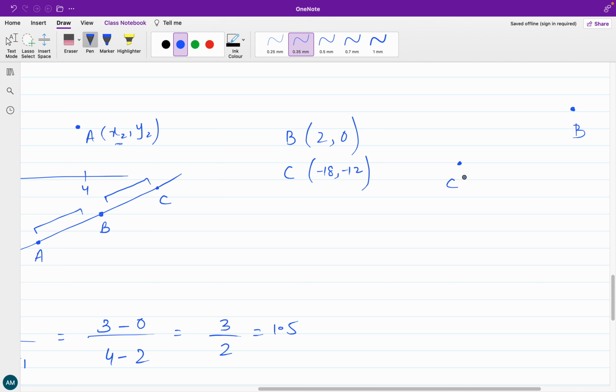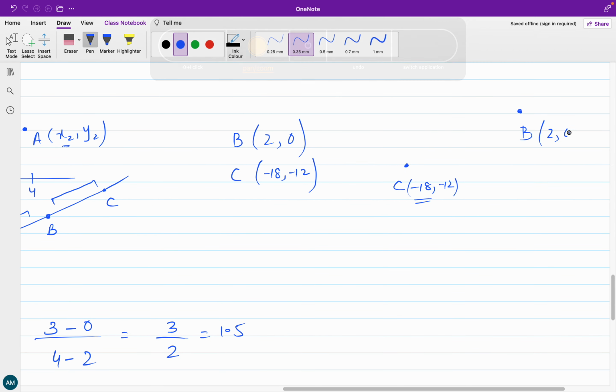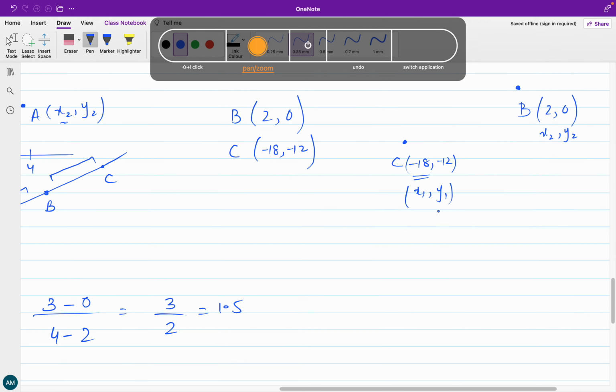Because C has x equal to negative 18 and y equal to negative 12. So we look at the x-axis. C comes before B. So B, (2, 0), is going to be x2 and y2, and C is going to be x1 and y1.